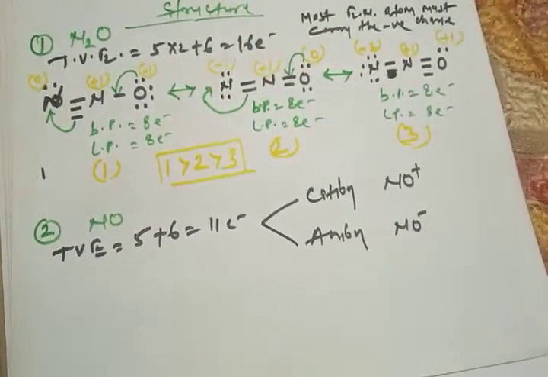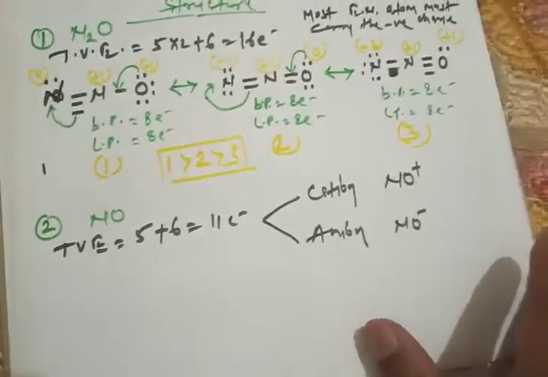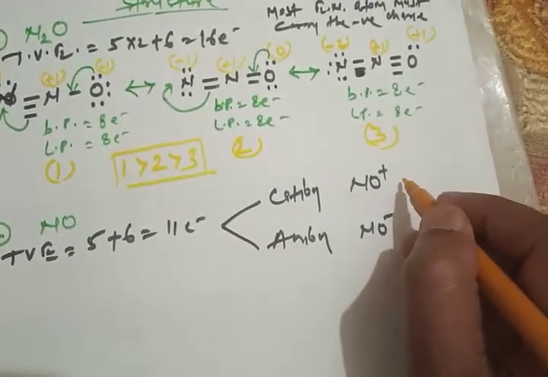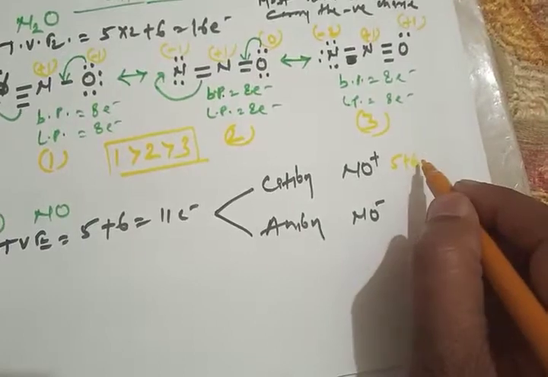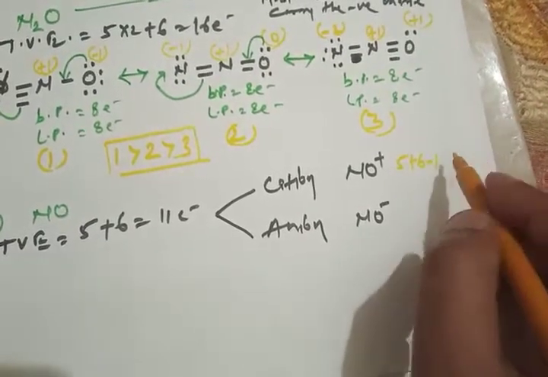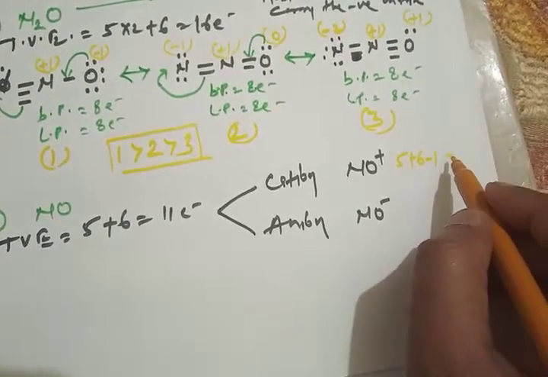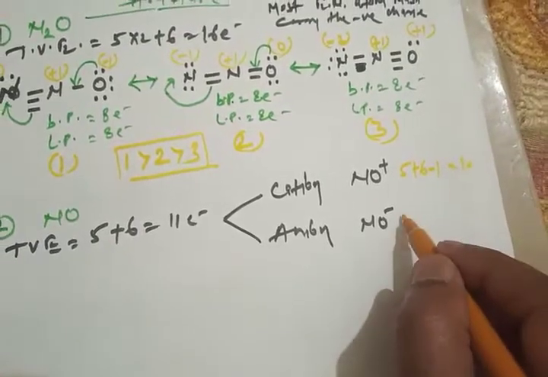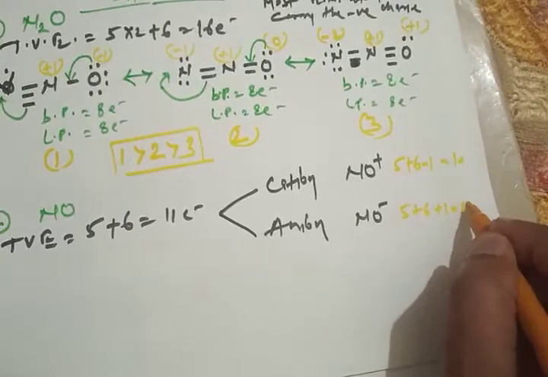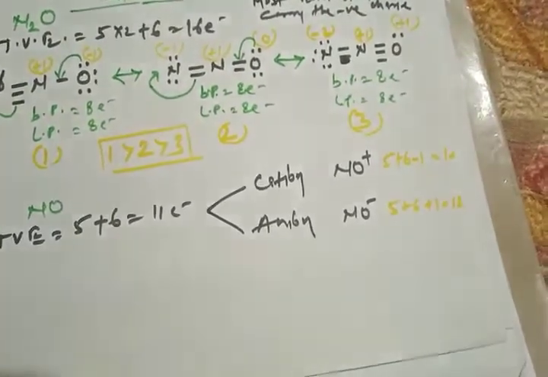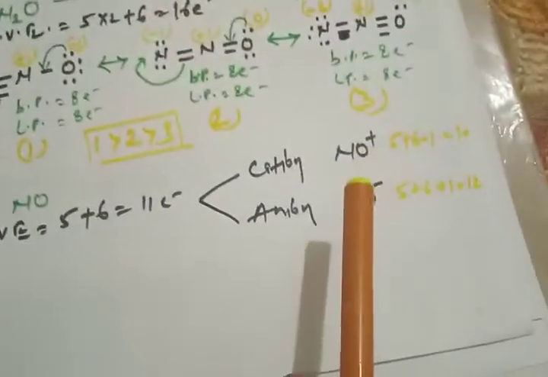So in the case of NO plus, what is the total valence electron count? 5 plus 6 minus 1 gives you 10. For NO minus, 5 plus 6 plus 1 gives you 12. The positive one is the nitrosonium ion.